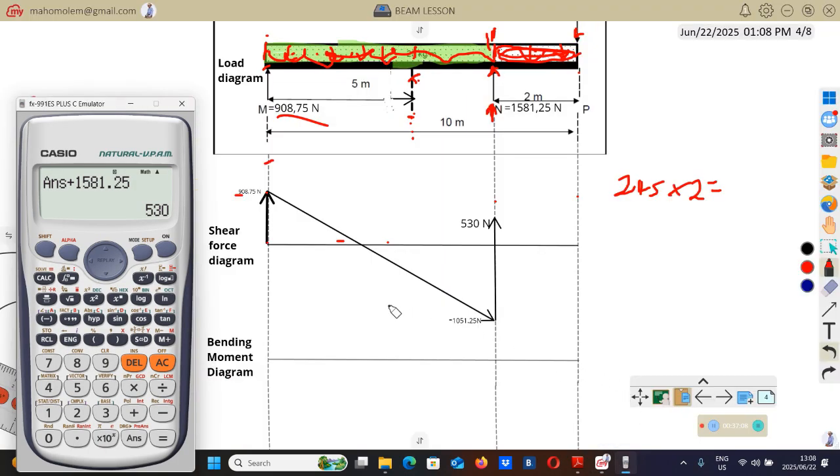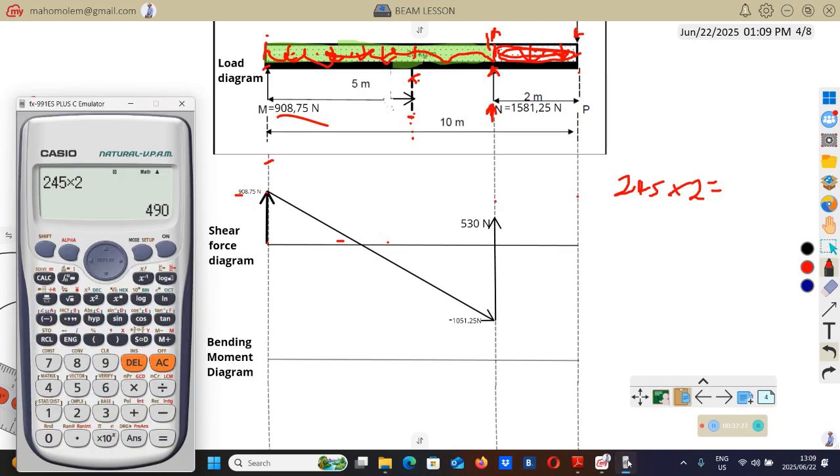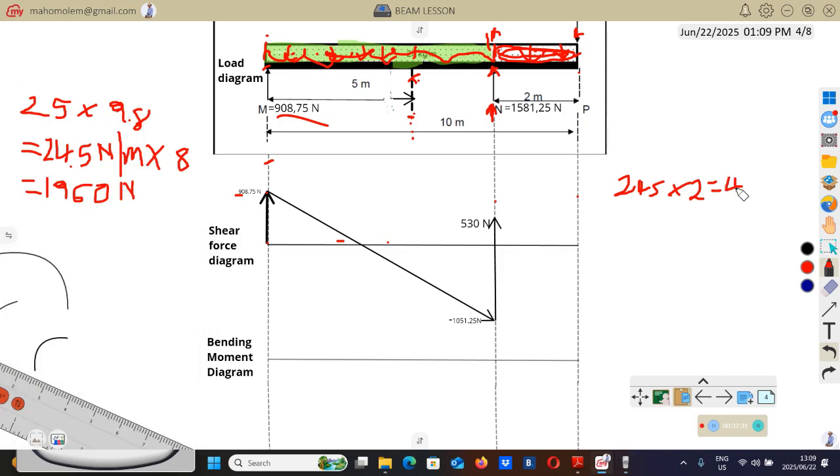So 245 multiplied by 2 is 490. So the total weight of these red things, from here to there, will be 490. Then we'll have to go down by 490.